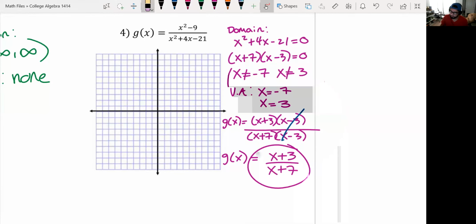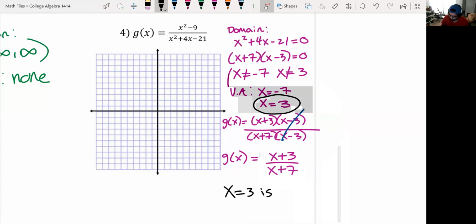If you remember from the very first page, what I said is if you cancel any piece of your denominator out, that piece that you cancel now becomes a hole in the graph. So x equals 3 is a hole.